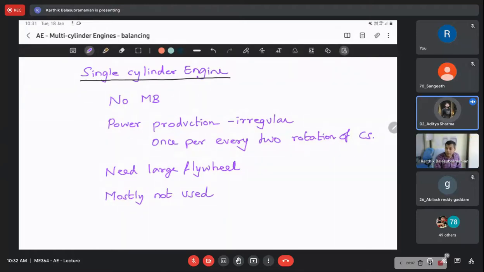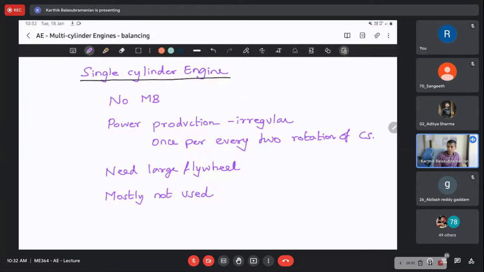But we use a single cylinder engine in two-wheelers, na? No, we do have, but even two-wheelers, I think now they would go for two-cylinder engines. You can check that, but that is quite small. So I think you can still manage it with a certain flywheel. If you look at single-cylinder engines, they are extremely small single-cylinder engines in two-wheelers, where you're not dealing with very heavy loads.